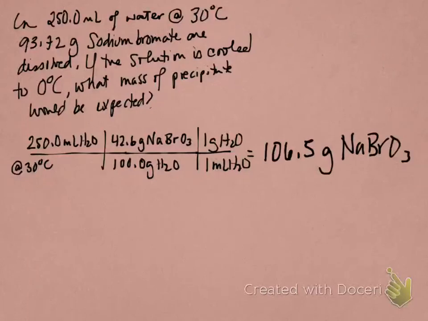No, okay. What does this tell us? So we have a number, 106.5 grams of sodium bromate. So, is that how much precipitate we're going to get out? That's how much we can dissolve at 30. What do we want to know?